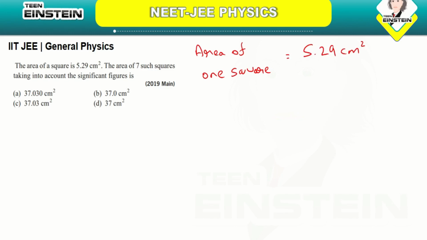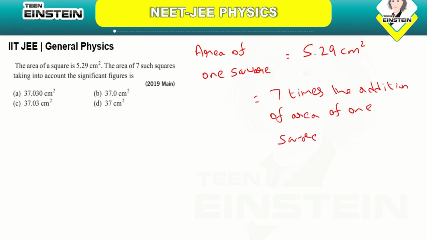So the area of 7 such squares is 7 times the area of one square. So it is 7 into 5.29, so you will get 37.03 centimeter squares.